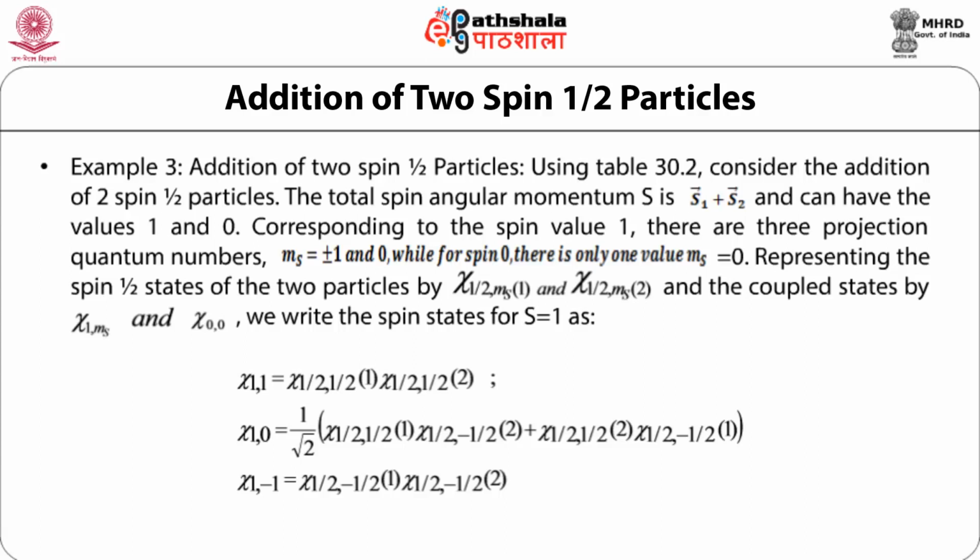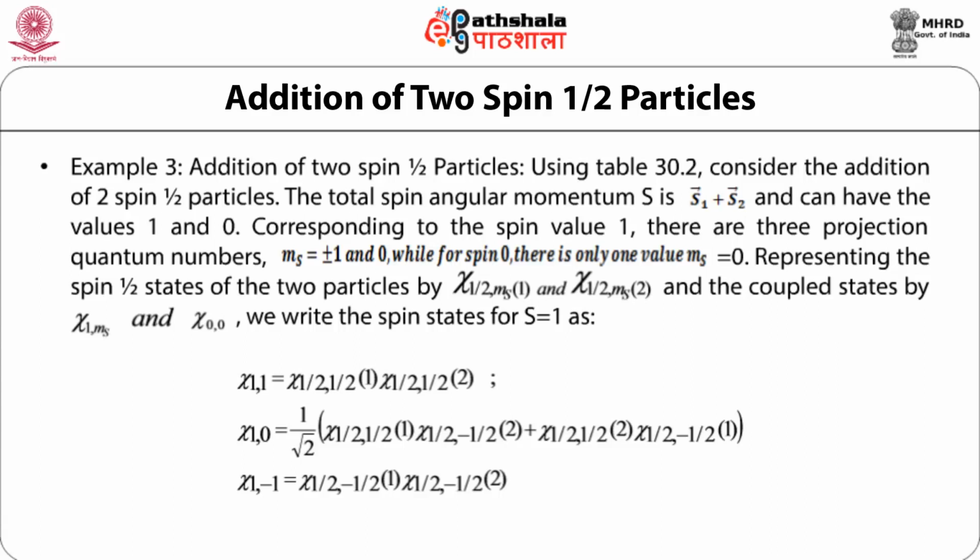So if our value of the total spin angular momentum is 1, then the total number of values that the magnetic spin angular momentum quantum number can take is 3, corresponding to ms equal to 1, ms equal to 0 and ms equal to minus 1. While for the value of the total spin angular momentum to be 0, the value of ms can only be one, which corresponds to ms equal to 0.